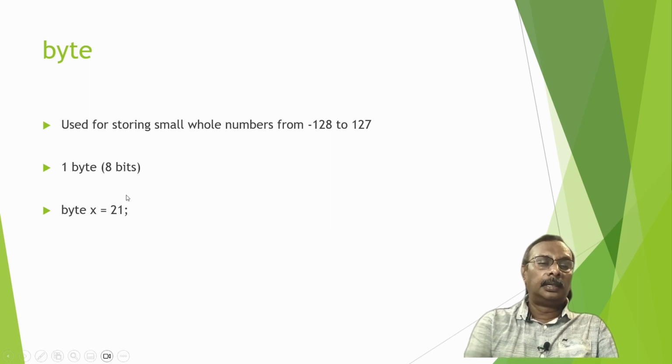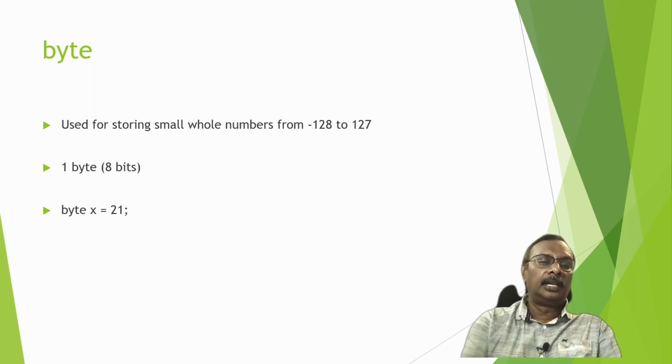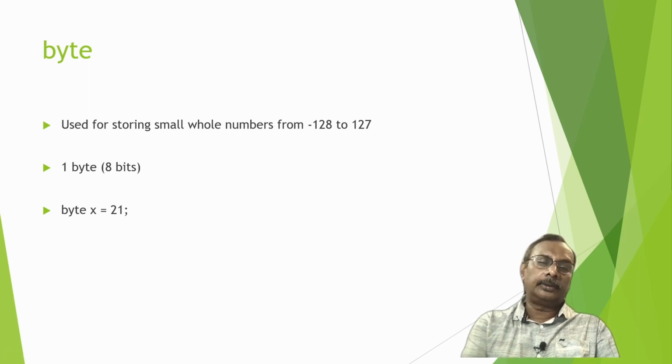There is also another type called short, which stands for short integer, which I didn't add to the slide here. Short int, actually the size is 2 bytes, which is 16 bits. So the value will be like 32,000 something.